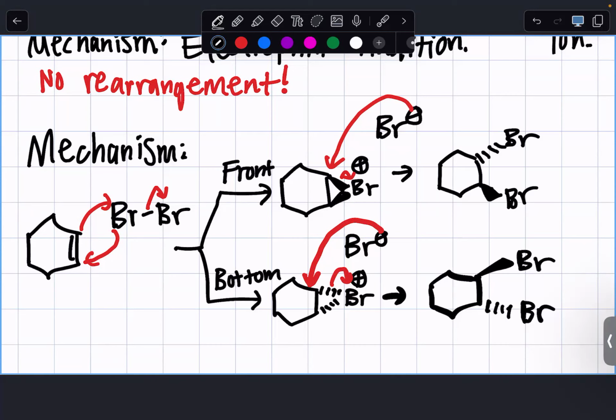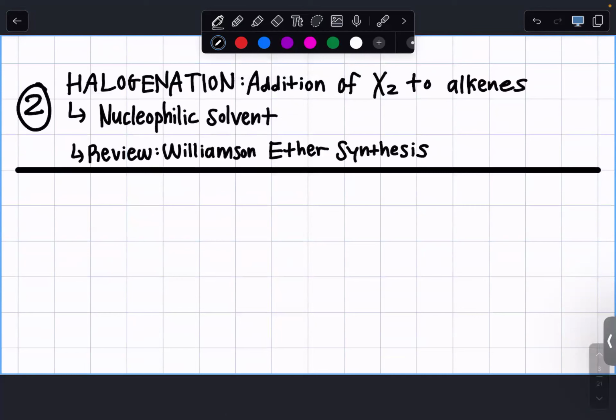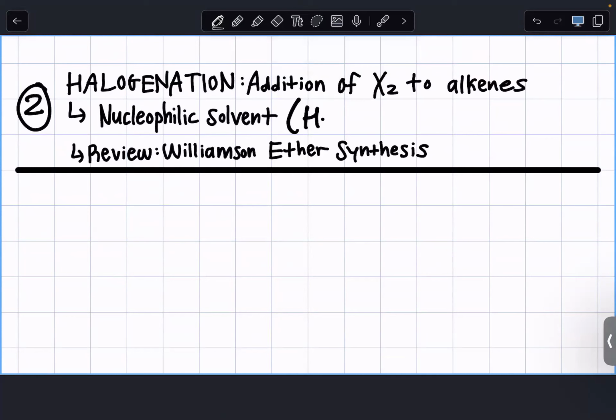Okay, let's move on to the next scenario. Or do you guys need some more time on these notes? Okay, let's move on to the next scenario, where instead of having a non-nucleophilic solvent, we have a nucleophilic solvent like water or alcohol, H2O or ROH.